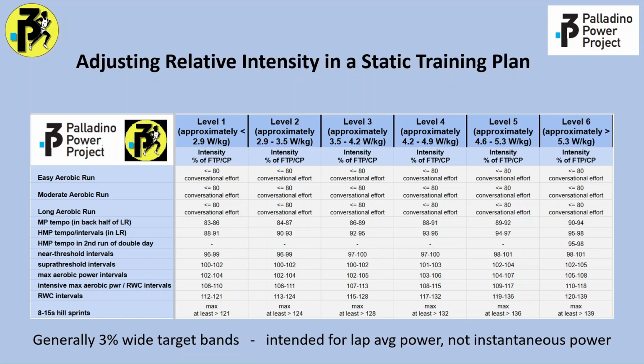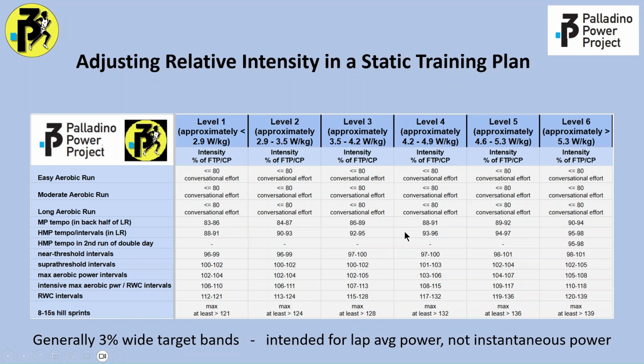All right. So that work segment, the target is for the average power of that segment. So if it's 86 to 89%, and you finish up one interval at 86%, another one at 88%, another one at 89, then at 87, you did it. Even though during those intervals you may have gone up above and below that range.